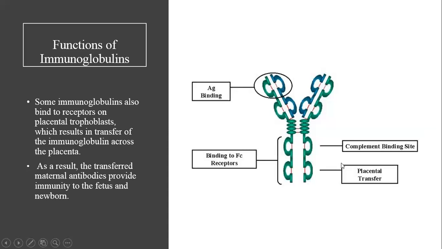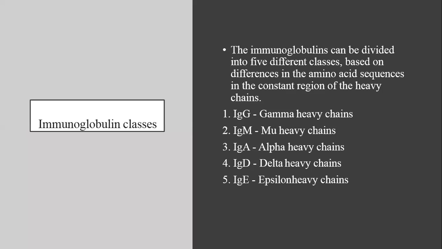Some immunoglobulins also bind to receptors on the placental trophoblast, which results in the transfer of immunoglobulins across the placenta. As a result, the transferred maternal antibody provides immunity to the fetus and the newborn.